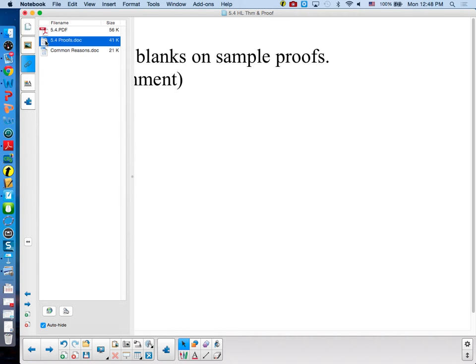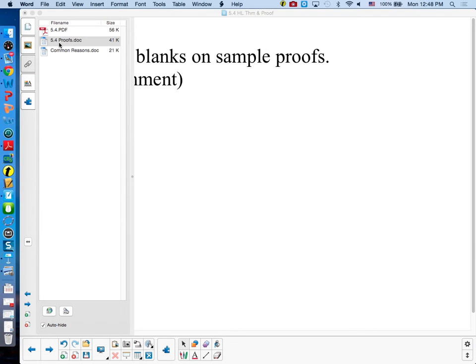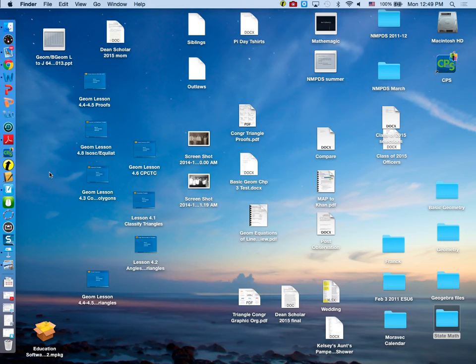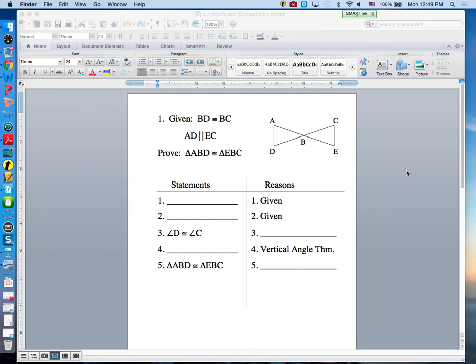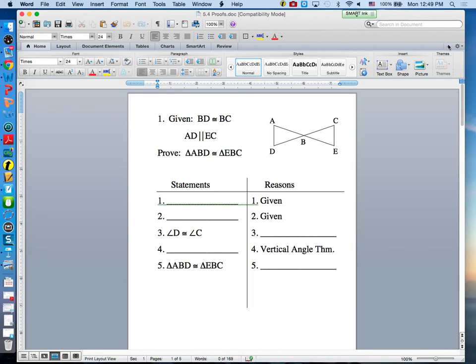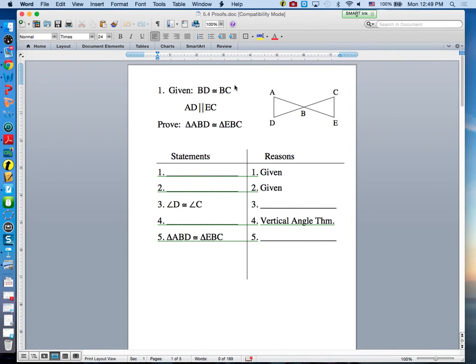Come on, come on. There it is. All right, this should be the same as what you've got. Only mine's a little bit small. Let's go a little bit bigger here.